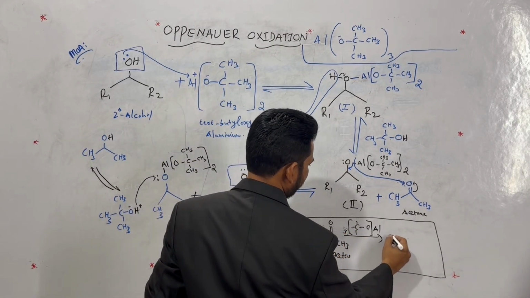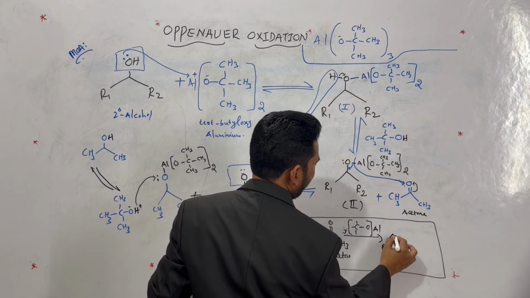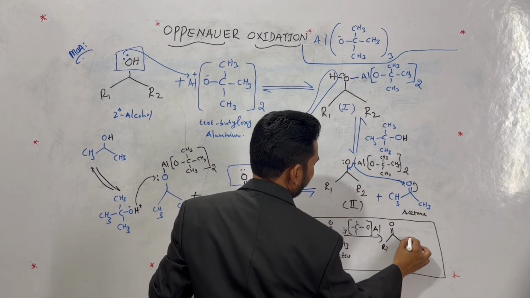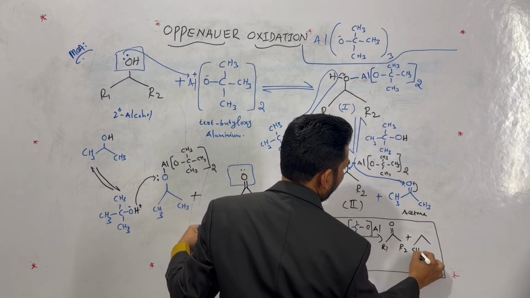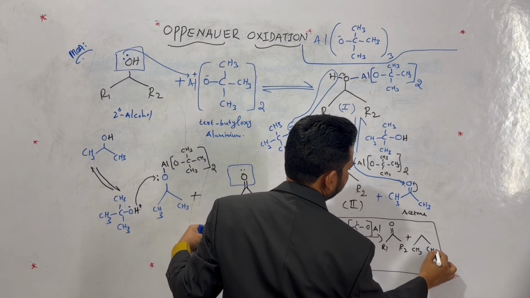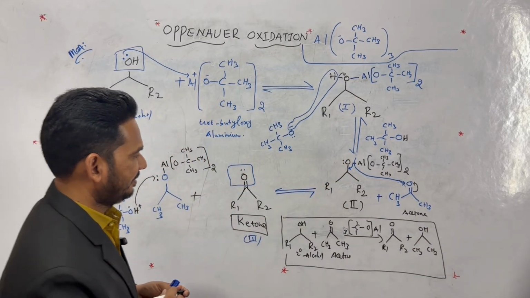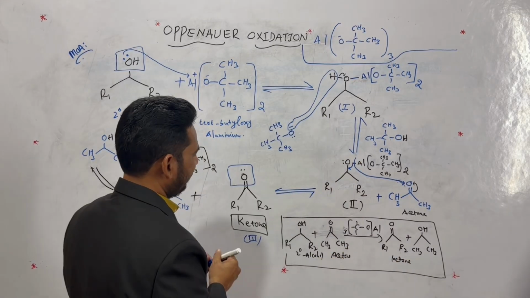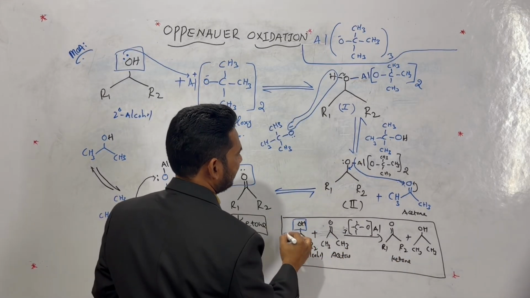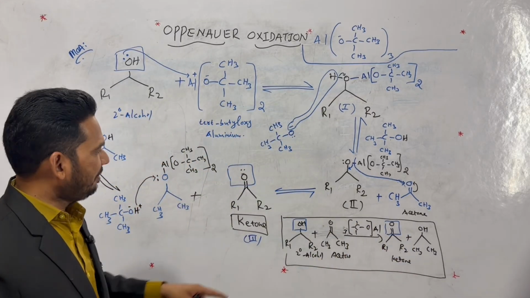What product does it produce? Alcohol is converted to the ketone. Then this acetone will be converted to the alcoholic moiety. Just see. For what purpose do we use this? Conversion of secondary alcohols to ketone. That's our main motto.